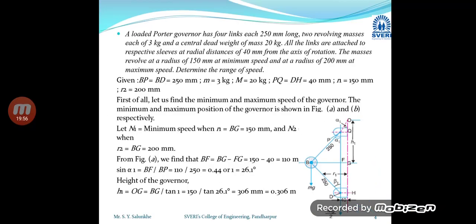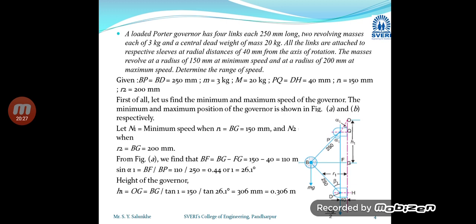Now see here, the R1 distance is 150 millimeter minus the FG distance, which is 40 millimeter. So we get 110 millimeter, and then we can write the equation that sine alpha 1 is equal to, from triangle BPF, BF divided by BP.